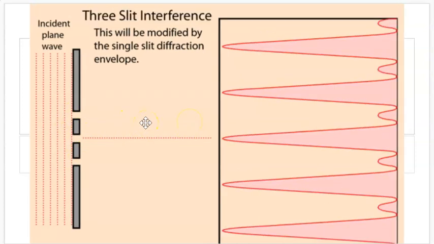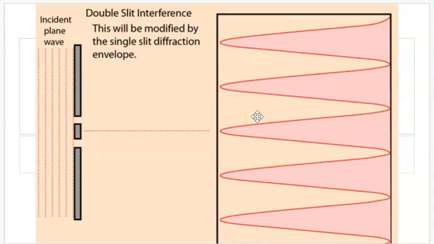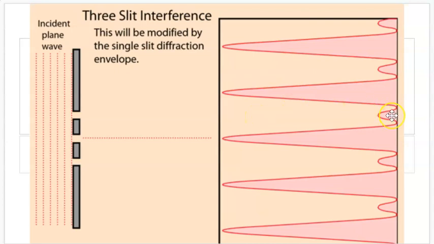We add a third opening, and some cool stuff happens. We have 3 openings now, and we're still ignoring the envelope. We get secondary constructive interference patterns, which we never had before. We didn't have that on the double slit, but we suddenly get it on the triple slit: one of these little guys here. We also notice that the bright spots are more distinct.